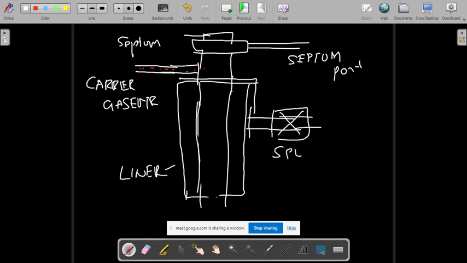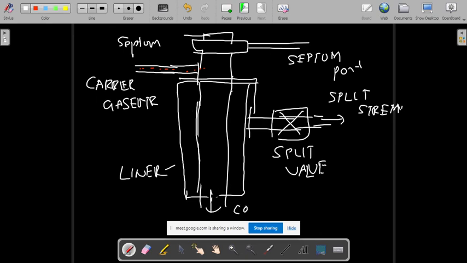This is called the split valve. The flow that comes out of your split valve is called the split stream, and this actually goes to your actual column.